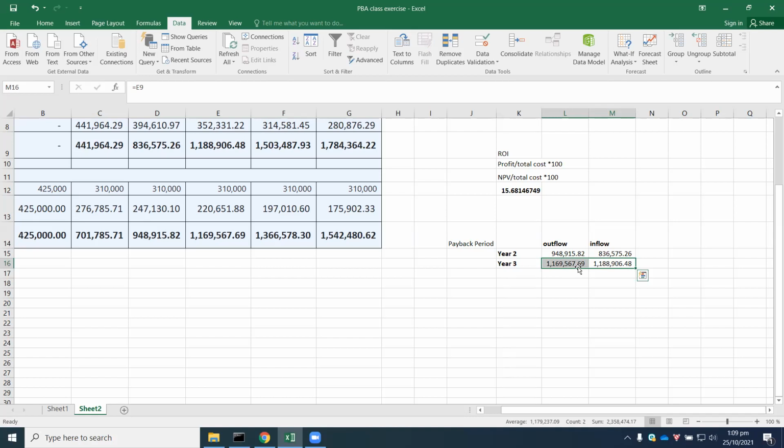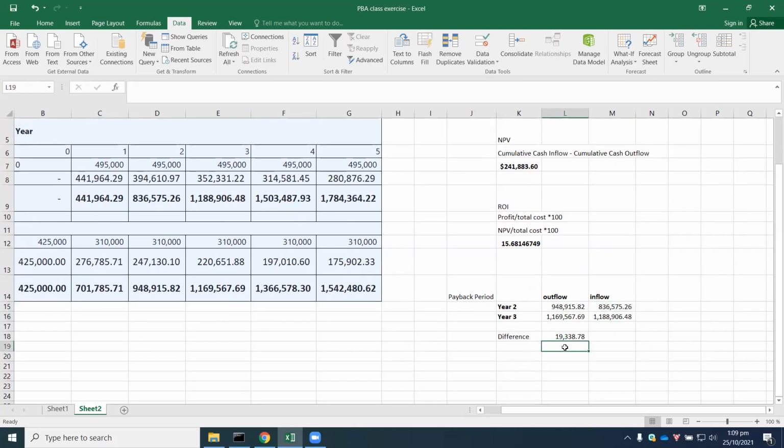So first of all, let's go and find out the difference. To find out the difference, you will do inflow minus outflow for year 3. So this is the total difference between year 2 and year 3 values. Now if you look at the inflow for year 2 and inflow for year 3, let's also figure out how much the organization has been able to earn within years 2 and 3.